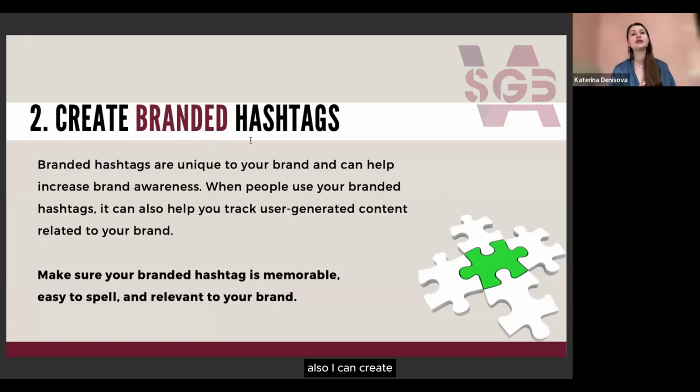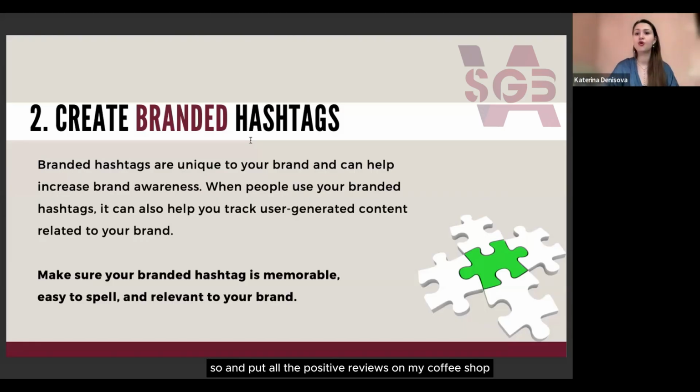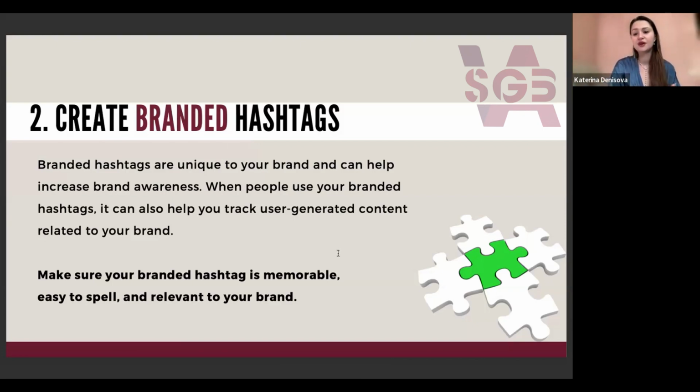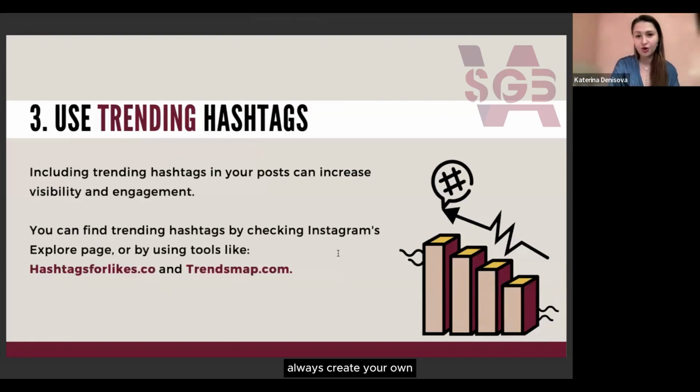Also, I can create the hashtag Nova Batumi Reviews, and put all the positive reviews of my coffee shop under this hashtag. I can make Nova Batumi new dishes or new menu and put a post about my new menu under this hashtag. So there are plenty of options for how to use hashtags, and you can always create your own.